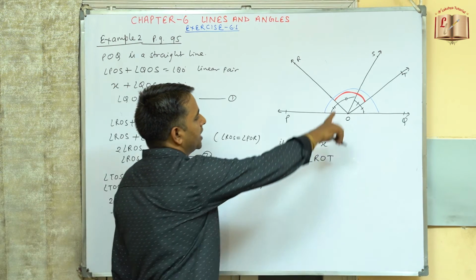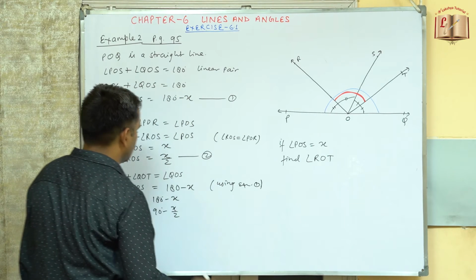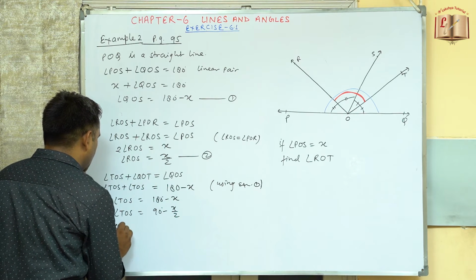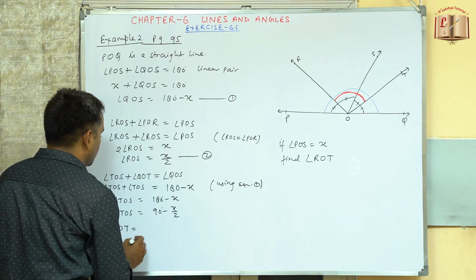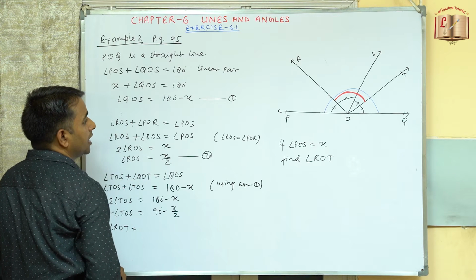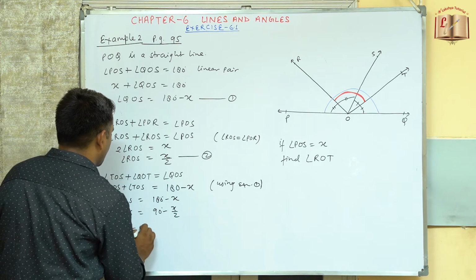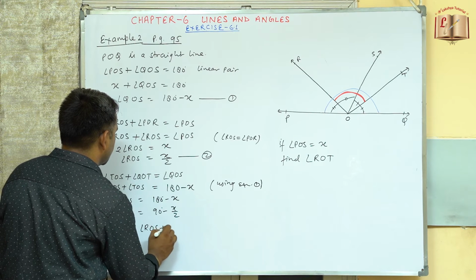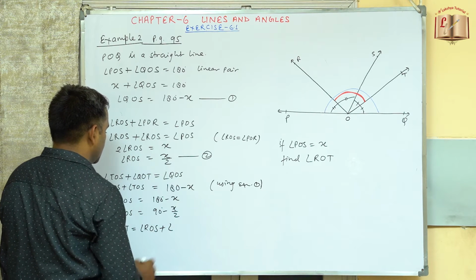Now this complete angle ROT, so angle ROT is equal to angle SOR plus angle TOS, that is angle ROS plus angle TOS.